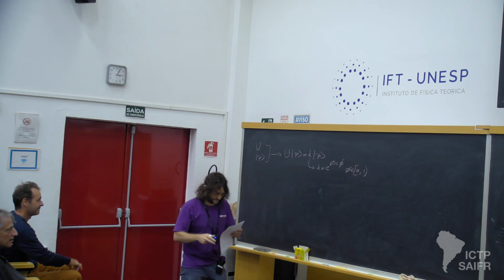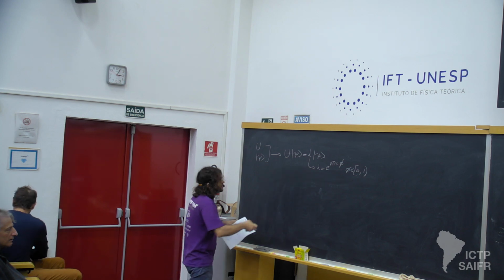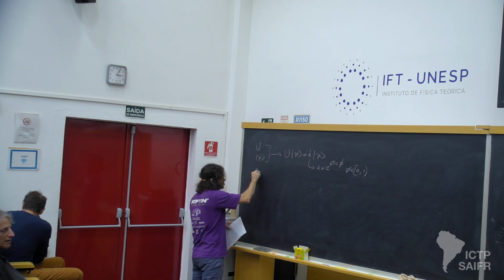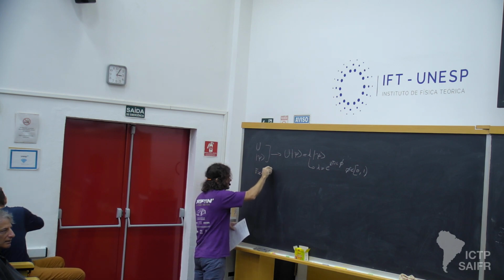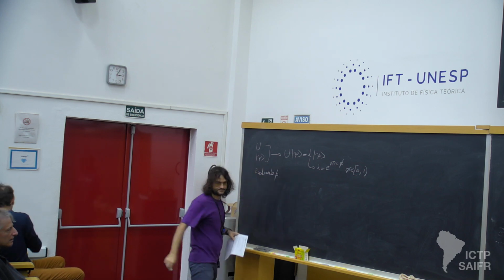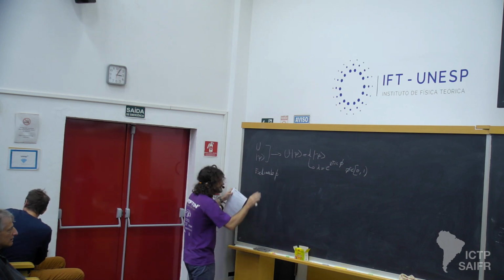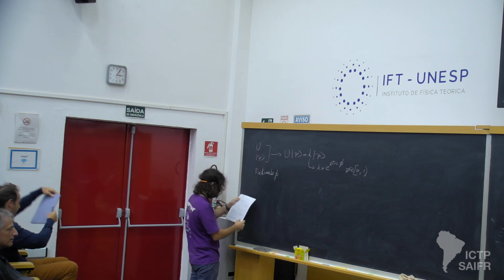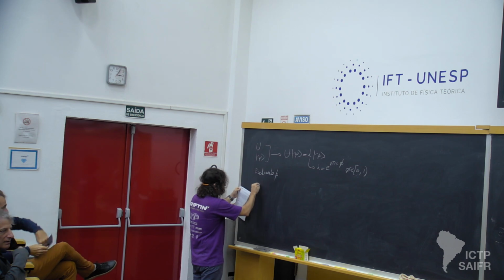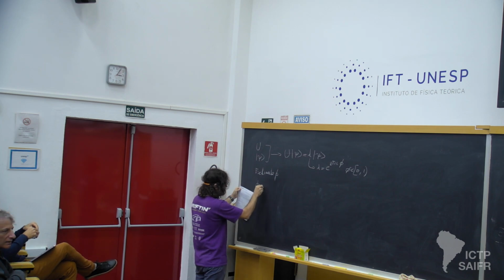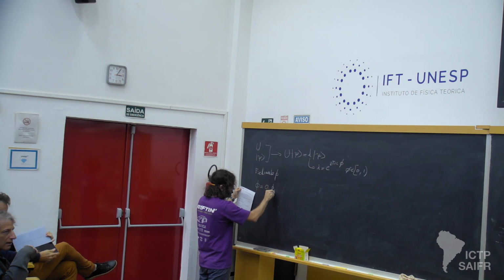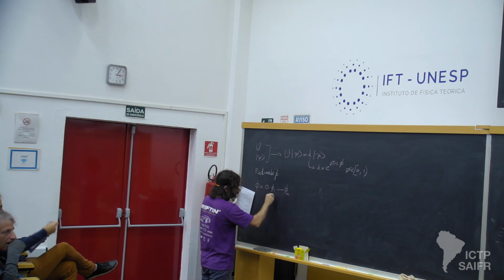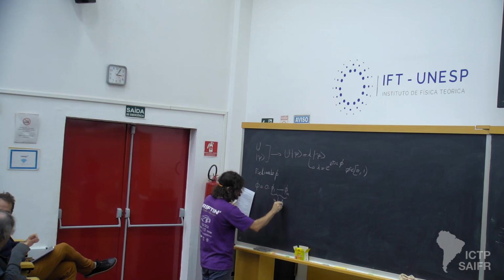So this is the setting. And our goal is to estimate phi. Okay, so let's assume, for simplicity, but it's not really mandatory, that phi can be written as 0 dot phi 1 through phi n, so it can be written in n bits precision.